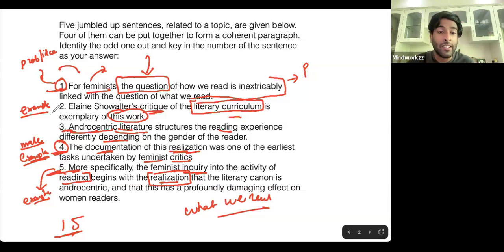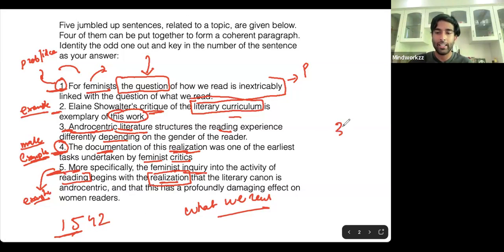And if you read sentence number 2 now, Elaine Showalter's critique of the literary curriculum, again the literary canon or any kind of literature is exemplary of this work. It is a testament to this work, like an example, or the proof of this work. So that is how sentences 1, 5, 4, and 2 are linked.